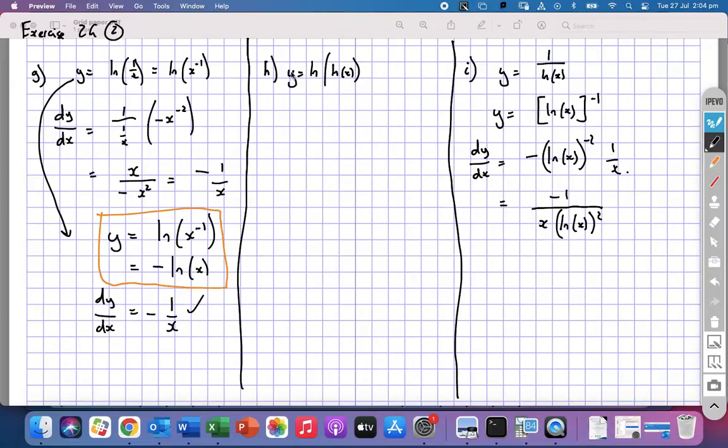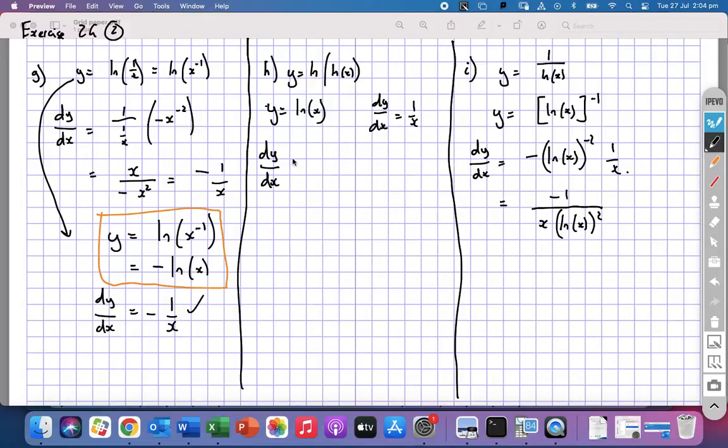What about h? Seems a bit odd, a log of a log. But the same rule applies. If we had y is log x, we know the derivative is 1 on x. So we're doing the same procedure. We've got log of something.